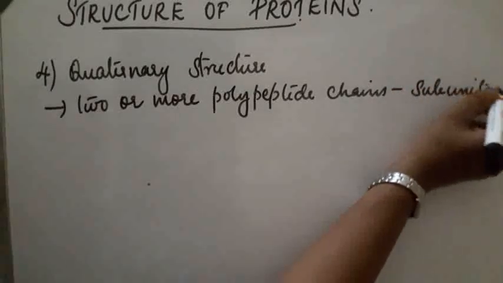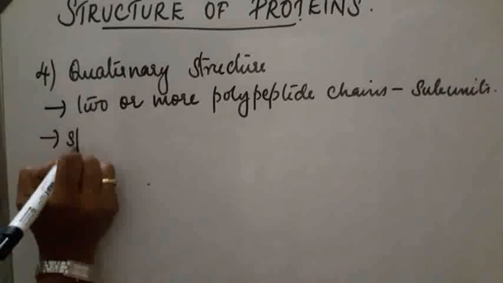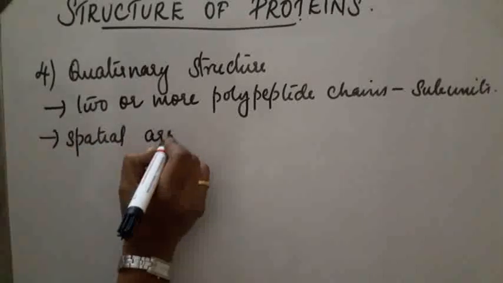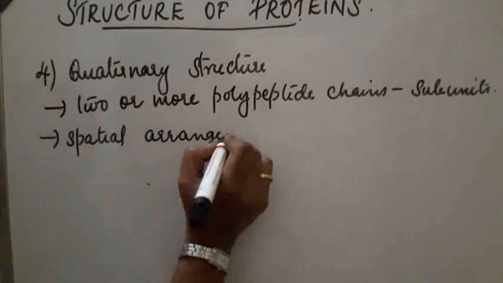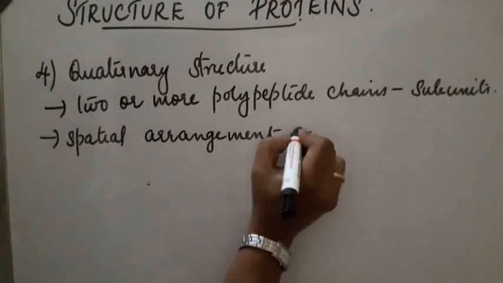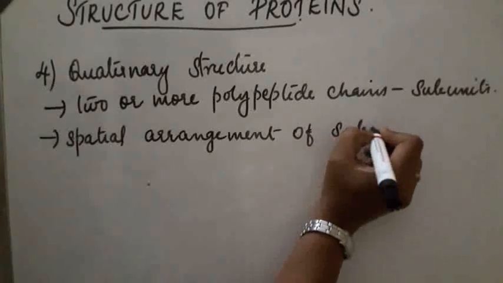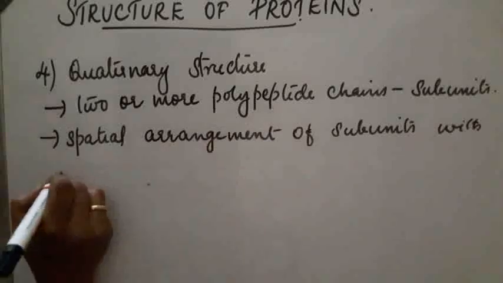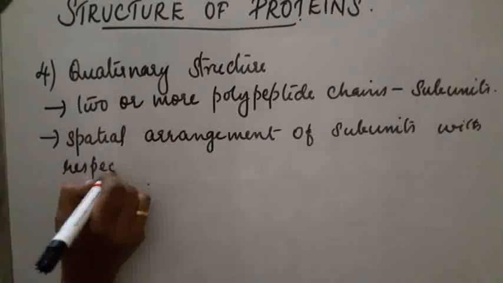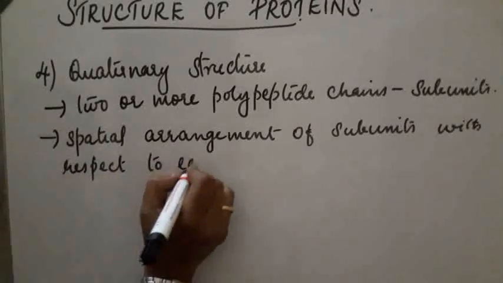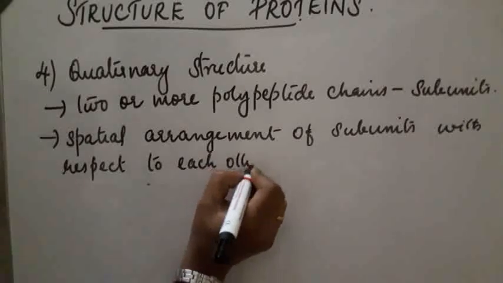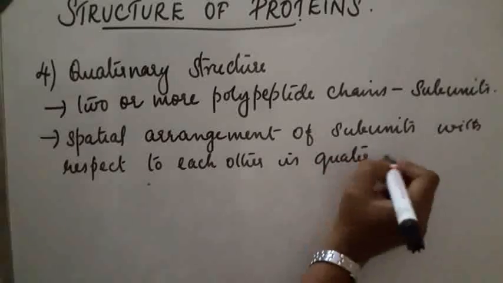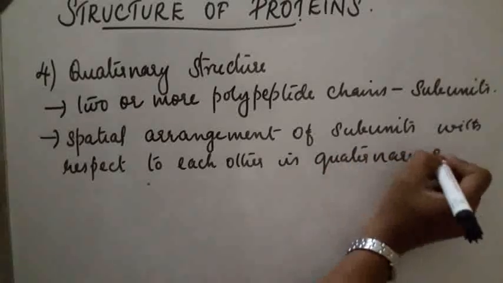The spatial arrangement of these subunits with respect to each other is known as quaternary structure.